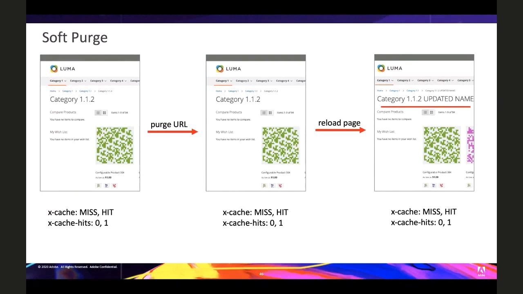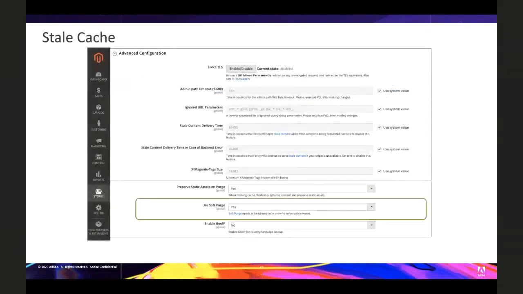And when you download this page, for example, Fastly still continues showing this stale content, and in the background it requests fresh content. To configure this behavior, you may go to the advanced configuration of Fastly and see that use soft purge is set as yes. It's the default value, and we recommend using it.